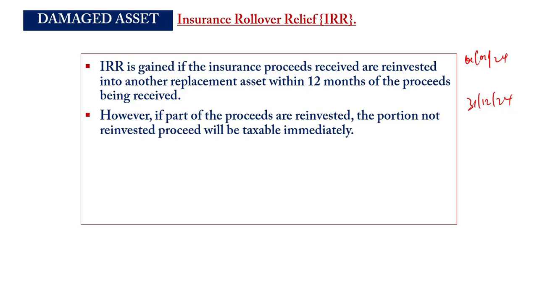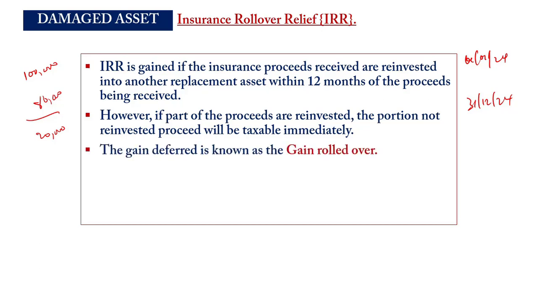However, if part of the proceeds is reinvested, the portion that is not invested will be taxable for capital gains purposes. So if the proceeds received were 100,000 and they buy a replacement asset for 80,000, then 20,000, which is the amount not reinvested, will be taxable.